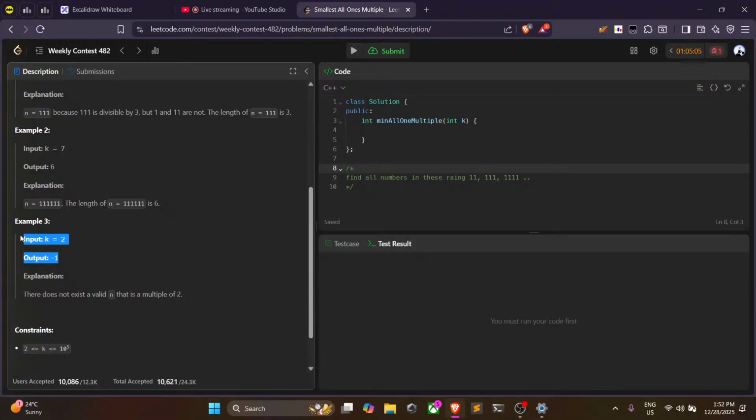So there should be some condition on k also, right? Not every k can divide the values of this.